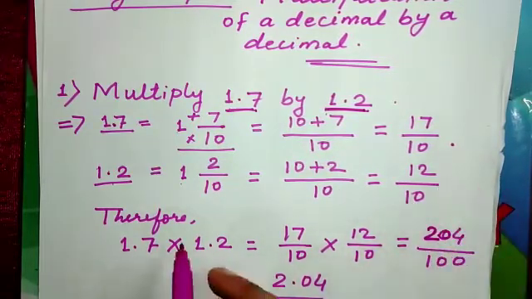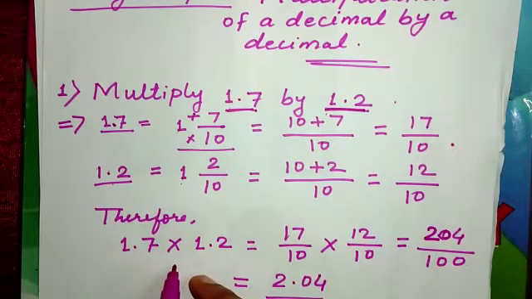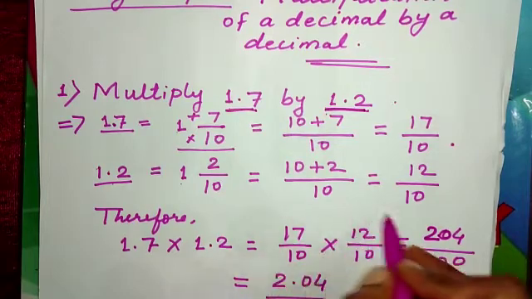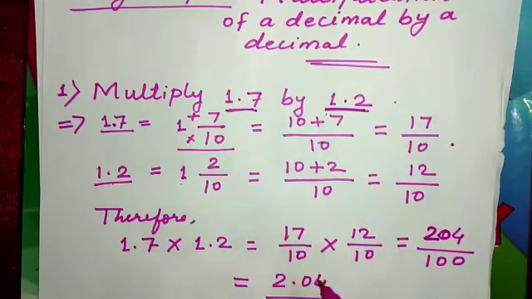So therefore we will write 1.7 into 1.2. Now we will write in this form: 17 by 10 into 12 by 10. So we will do the multiplication, numerator with numerator, denominator with denominator. So 17 into 12 is 204, 10 into 10 is 100.